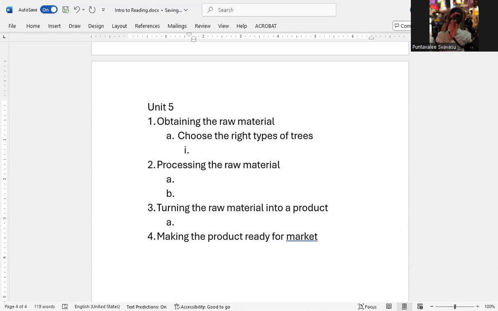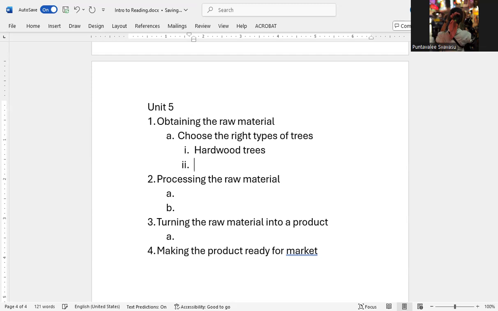The first one they mentioned is hardwood, and the other one is softwood.